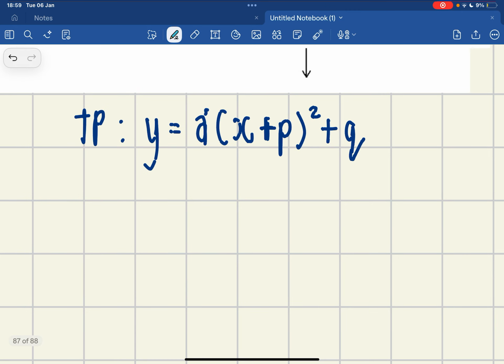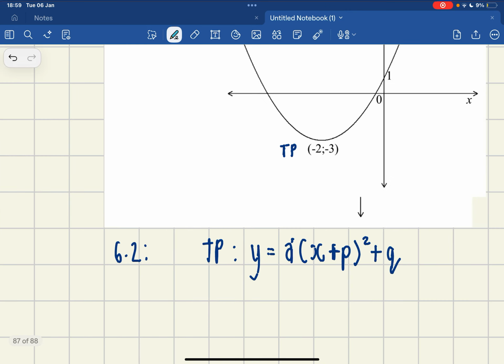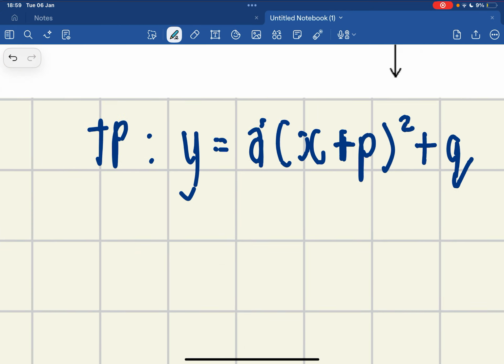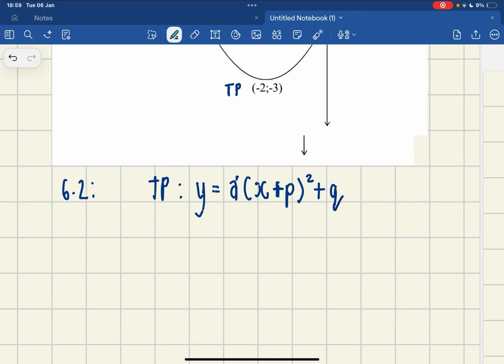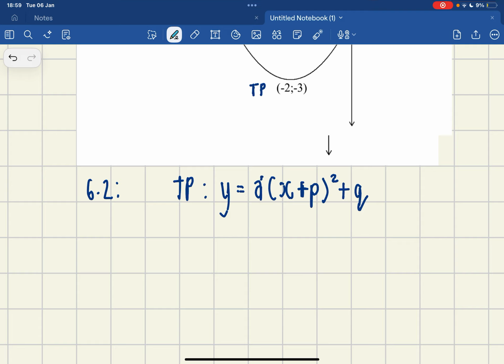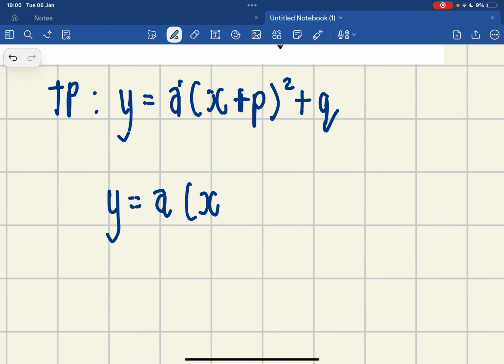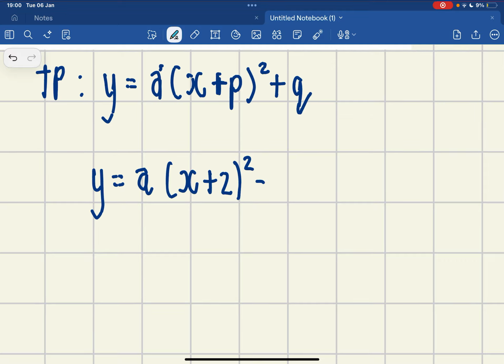That being said, we've got our turning point and we've got another point. So our turning point is negative 2, 3. But when we plug in the x value, which is the p value, it always changes, as I said in the beginning. So therefore, we'd have y is equal to a, its sign changes, so it would be a times x plus 2 squared minus 3.